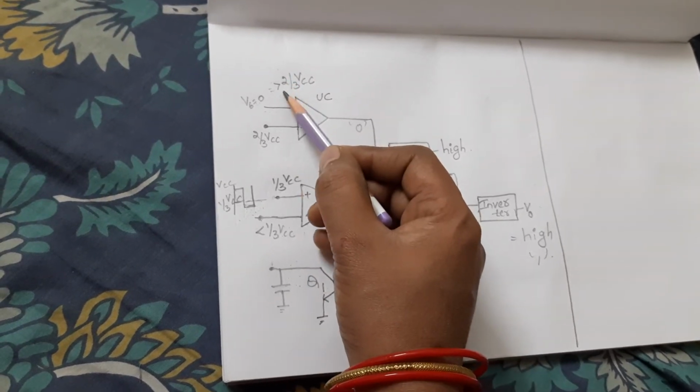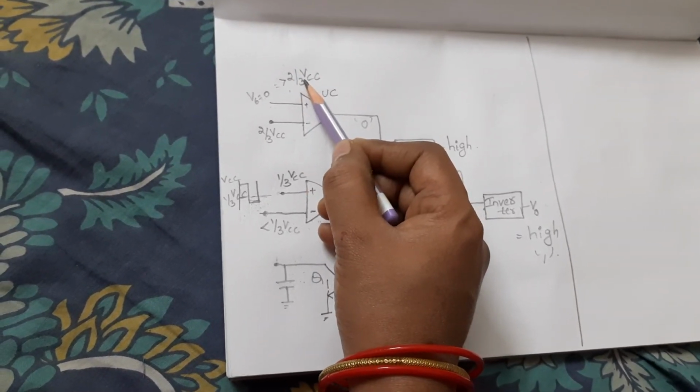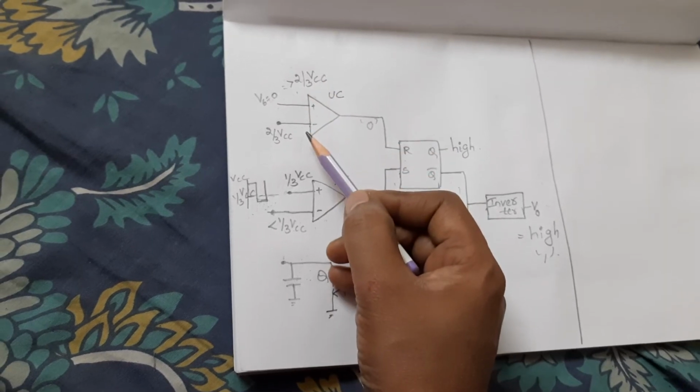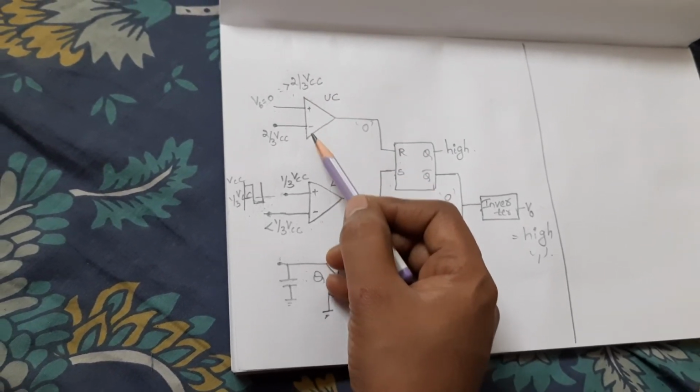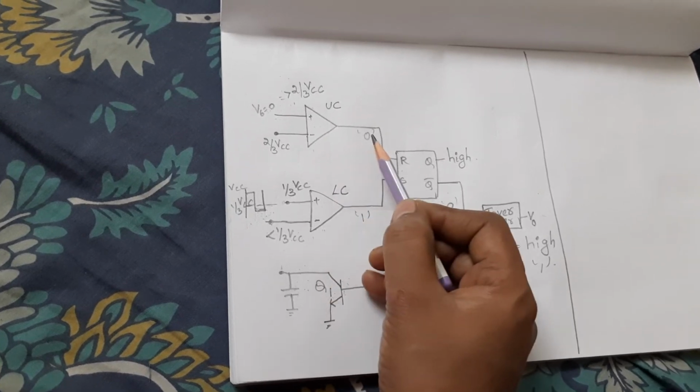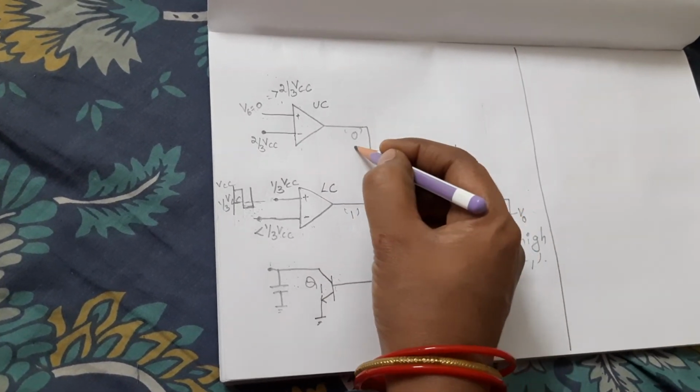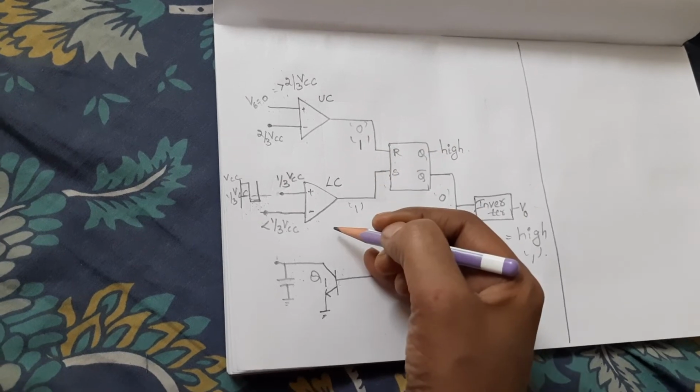And whenever this reaches 2/3 VCC, what happens to the upper comparator? Positive is more than negative, so immediately the output changes to 1.